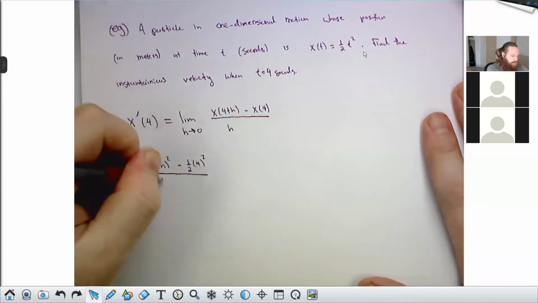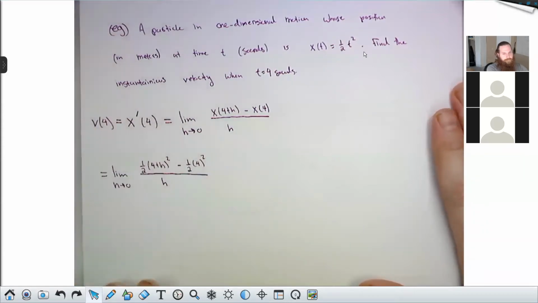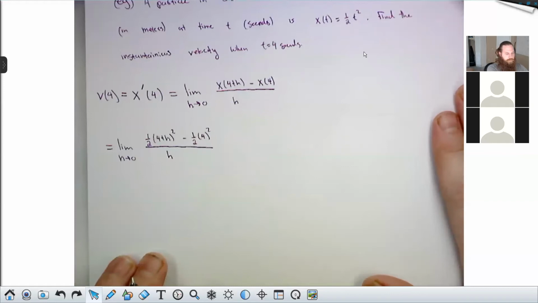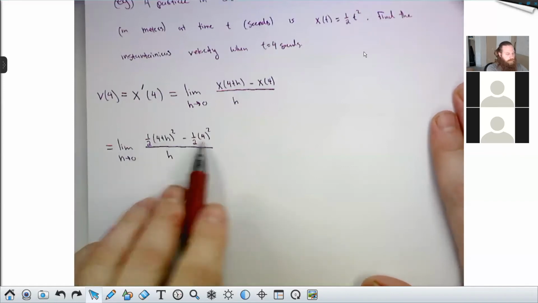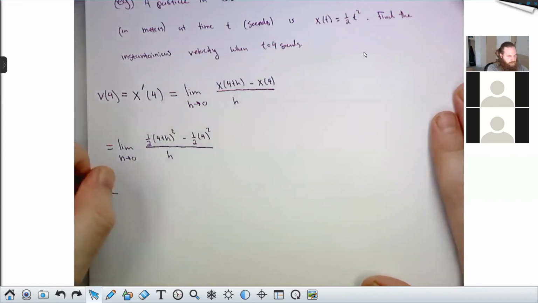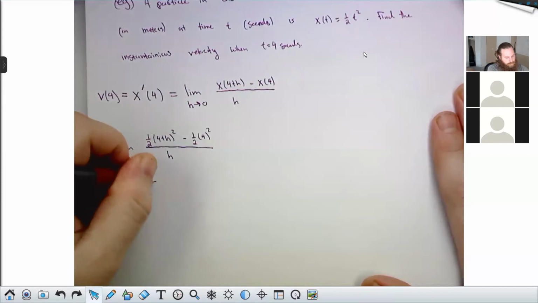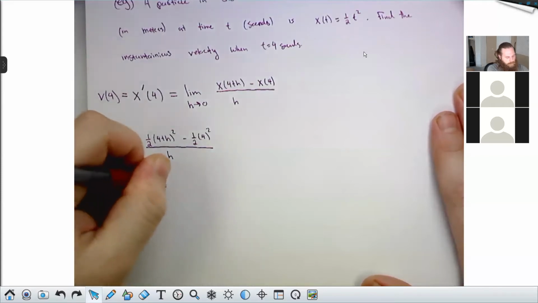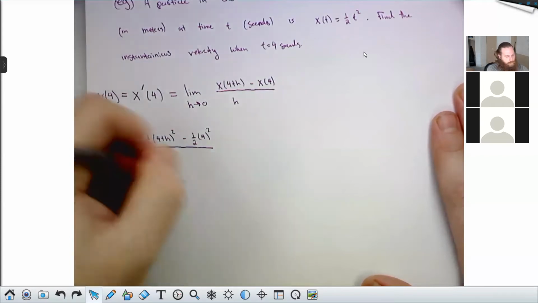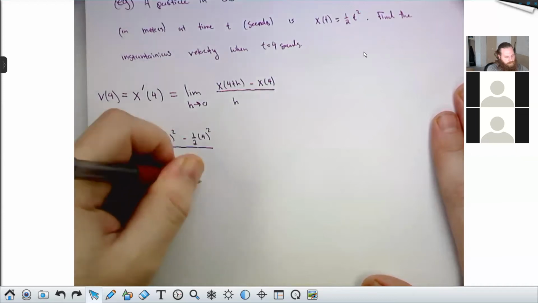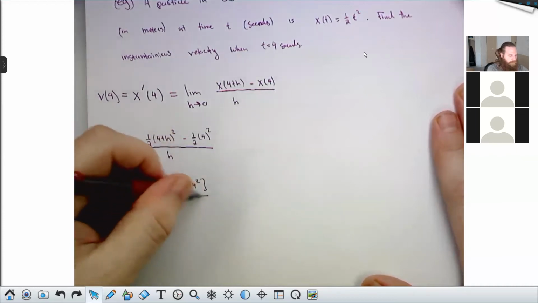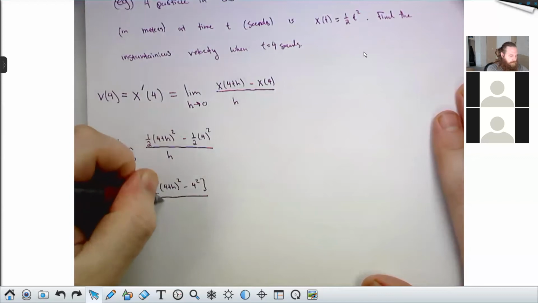And downstairs I have this h. You can factor out the 1/2, and I think that's worth doing. So we'll have 1/2 times 4 plus h squared minus 4 squared, all over h.